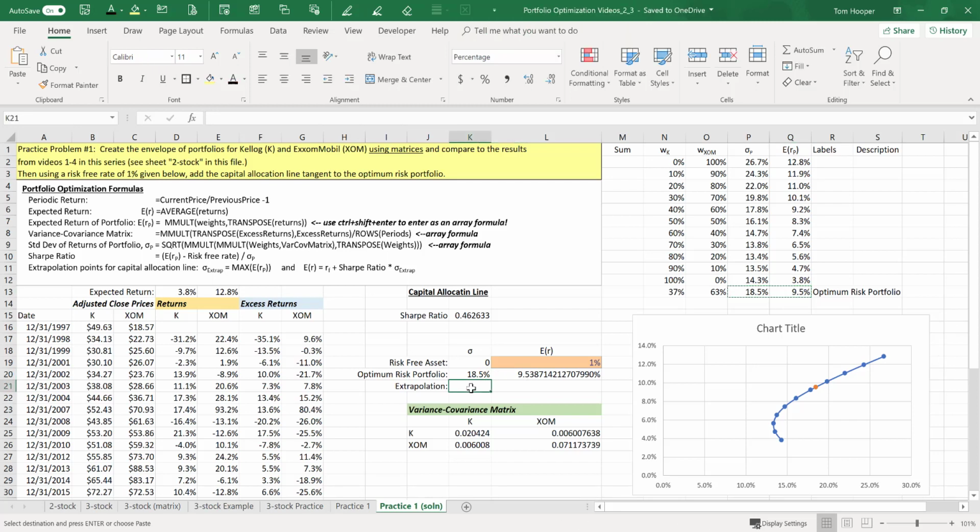So let's go back and do the extrapolation. I want to extrapolate that line out to as far right as my rightmost blue point, which is just the maximum risk. Let me add some labels. Let me add some titles to the chart.